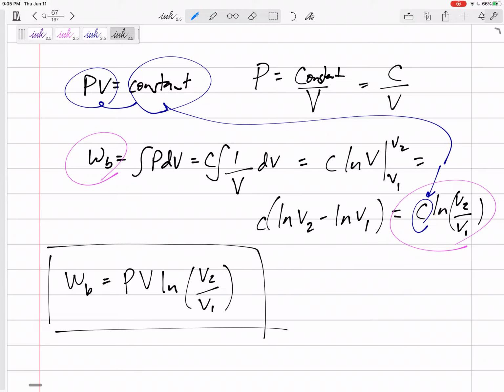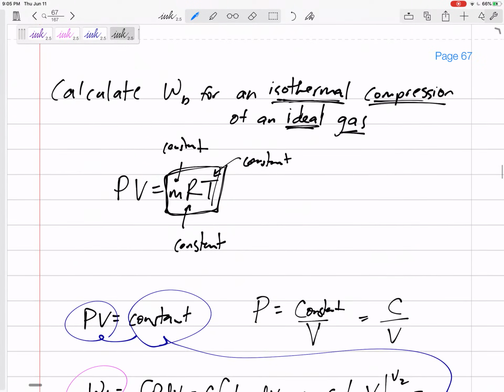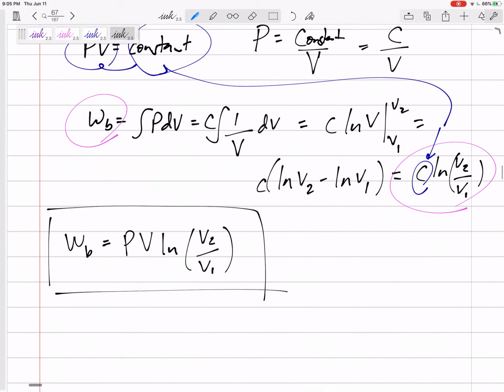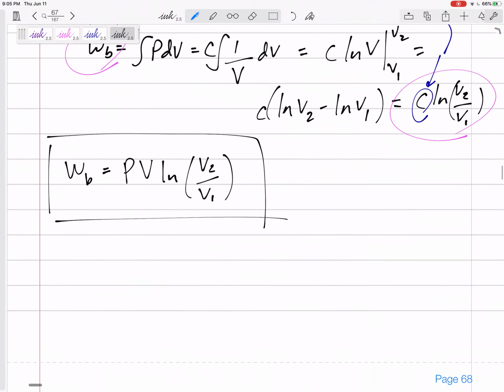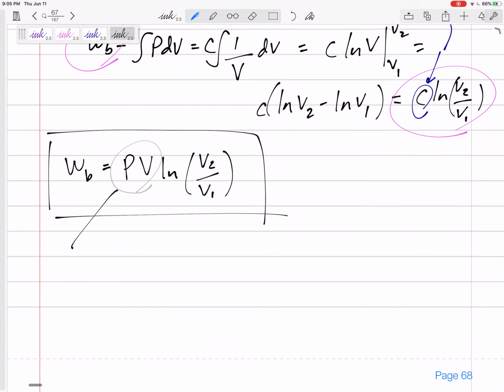And so there's an equation that we can use for an isothermal compression of an ideal gas. Now, pressure is not constant and volume is not constant. Should I use P1 or P2 in this equation? Should I use V1 or V2? Well, you can use P1 and V1 or P2 and V2, because their products are equal to each other.